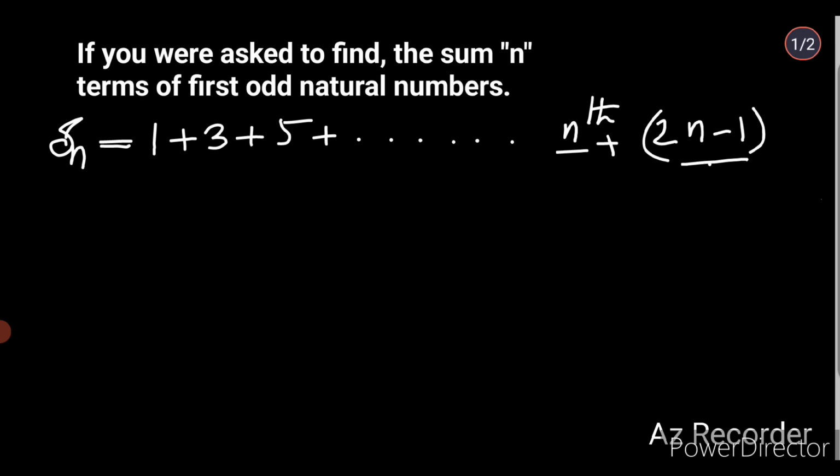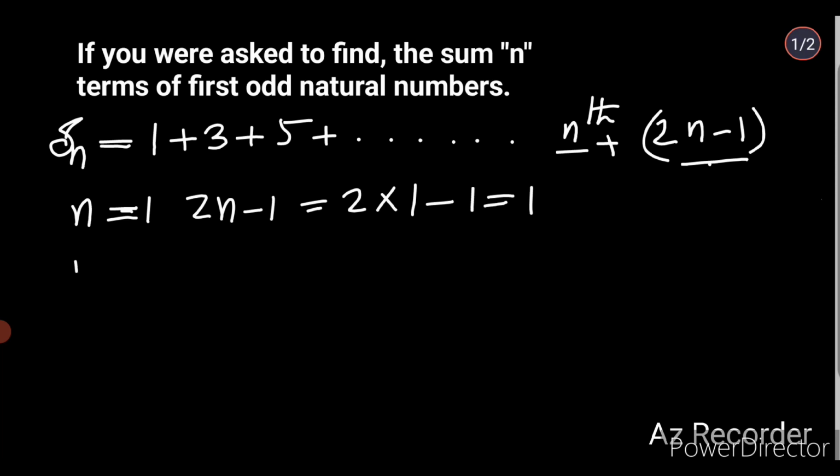Suppose you give the number 1 to n. If n is equal to 1, 2n minus 1 will be 2 into 1 minus 1, that is equal to 1. If n is equal to 2, 2n minus 1 is equal to 2 into 2 minus 1, that is equal to 3.